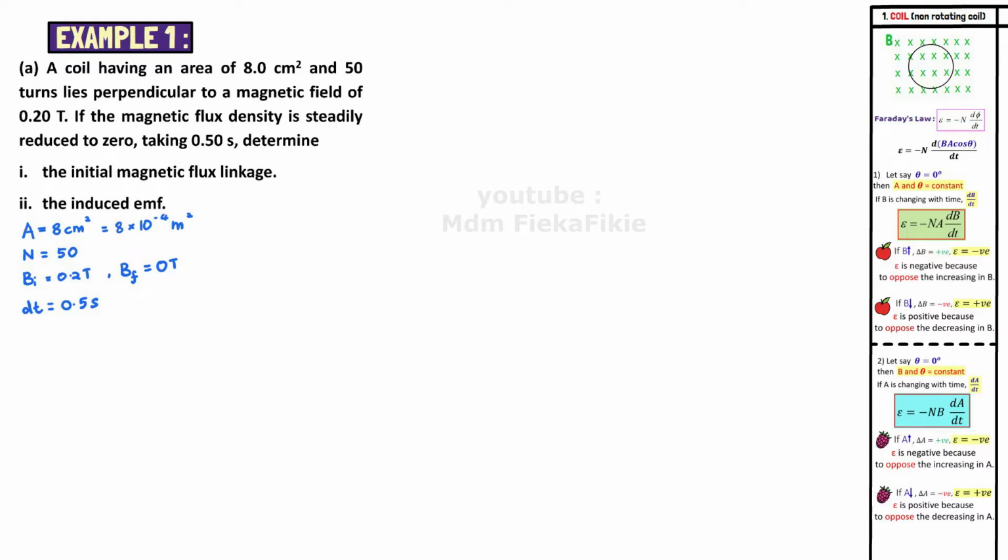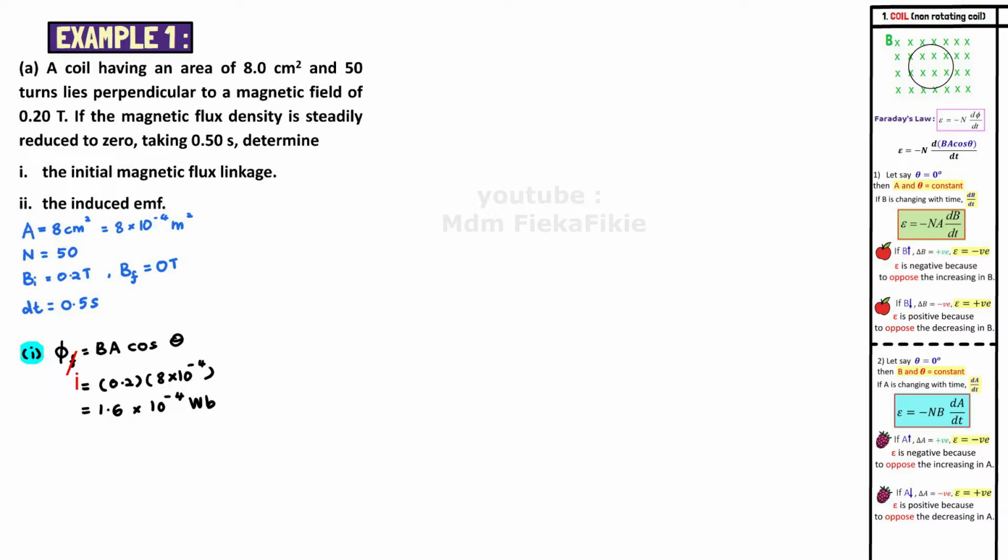Okay, so here at answer number 1, please correct it here: it should be Phi I. The F should be replaced with I. I made a small mistake writing it here, because this is initial magnetic flux. So initial magnetic flux is BA cos theta. So B we can put in the value of 0.2 Tesla, the initial magnetic field, and the area is 8 times 10 power of negative 4.